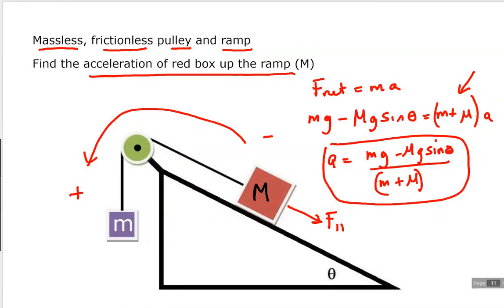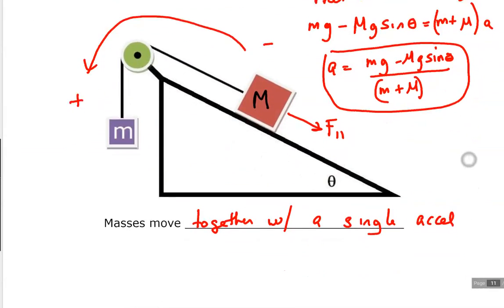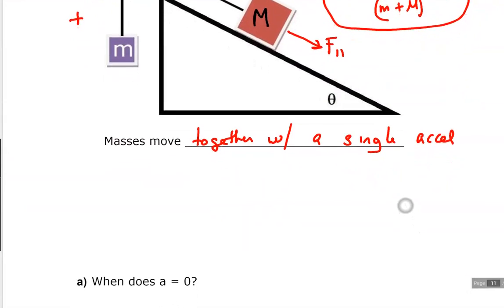There's the acceleration. Now the masses move together with a single acceleration. It'd be ridiculous any other way, right? They both accelerate. They both will have the same acceleration.